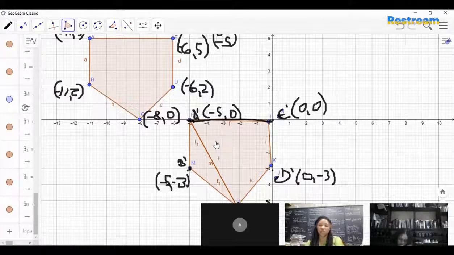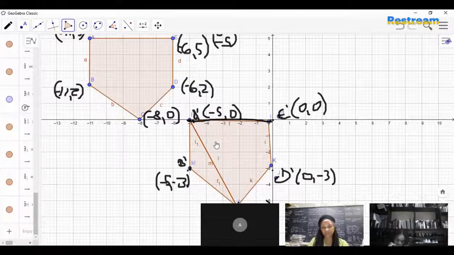The orientation could change depending on the translation, but the size does not change. The angles remain the same, so the shapes remain congruent. None of them is bigger than the other.